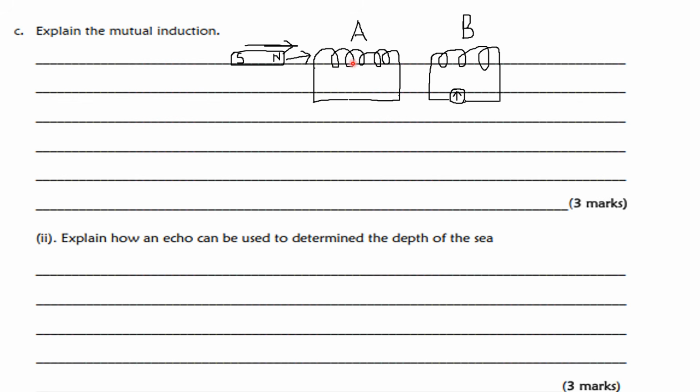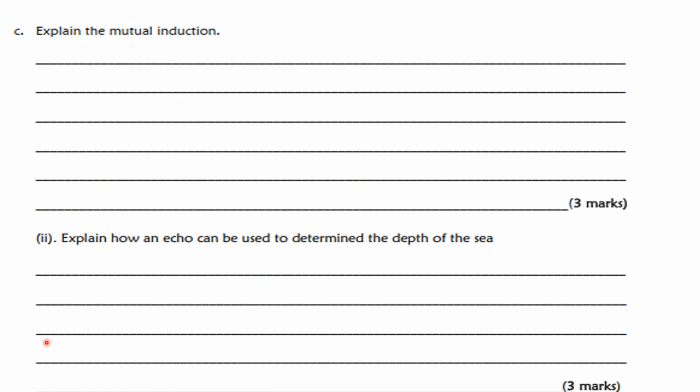So there is a magnetic field linking between these two that will create an EMF there. Mutual means two. If you and me have something to do with each other, then there's a mutual agreement between the two of us.